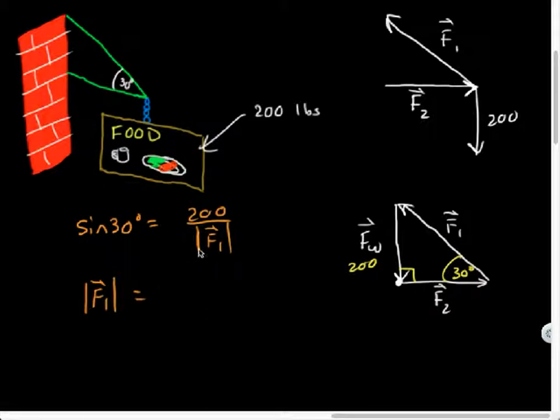Actually, wait a minute. What's sine of 30 equal to? A half. So what's 200 divided by a half? 400.